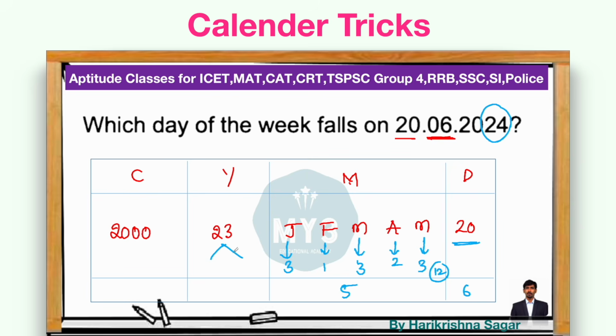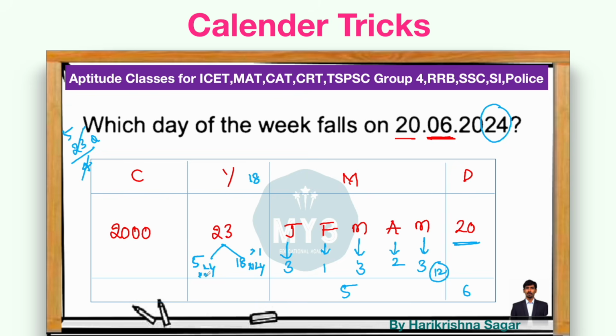And in these 23 years, some of them are leap years, some of them are non-leap years. How to identify the leap years? Take the number of years, divide by 4, observe the coefficient, not the remainder. So 4 fives are 20. That means 5 is the coefficient, so 5 leap years are there, and the rest are non-leap. How to find the remaining? 23 minus 5, which is 18, are non-leap years. A non-leap year will have 1 odd day, 18 into 1 is 18.